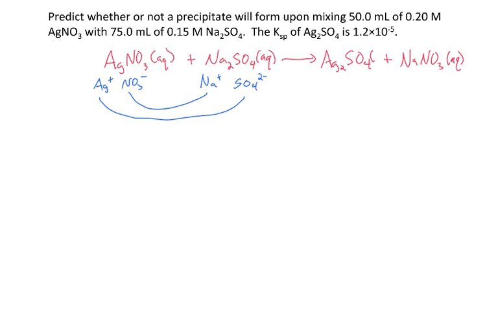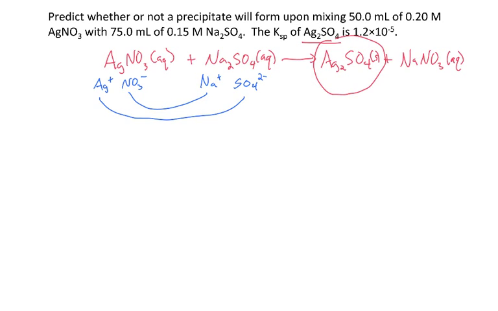So this is our potential precipitate, and this is what we're going to focus on in this problem. The fact that they gave us the KSP of silver sulfate is a pretty big hint that this is the one we need to deal with. If we were working this problem on a test, I wouldn't have to figure out what the products are, but I think it's useful in helping to understand what's going on here. So this is the compound I need to focus on.